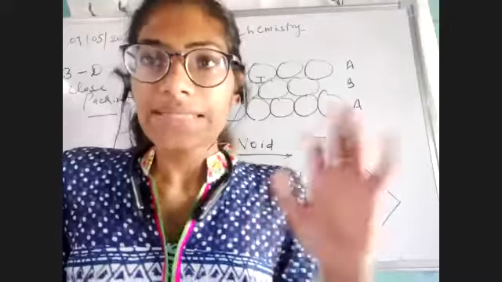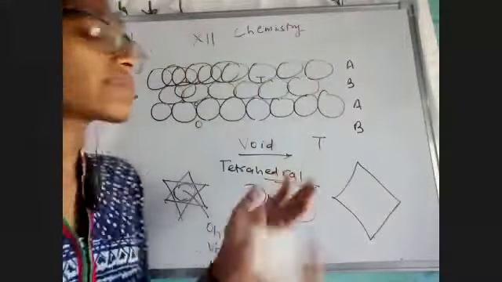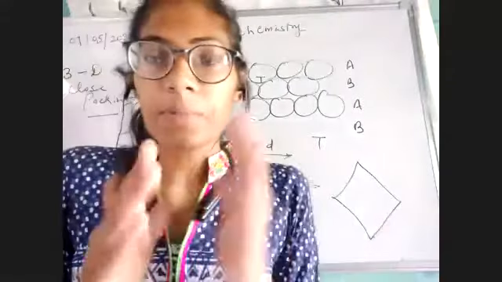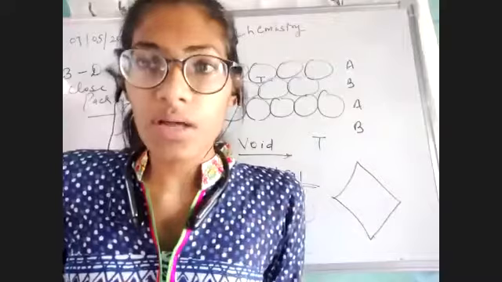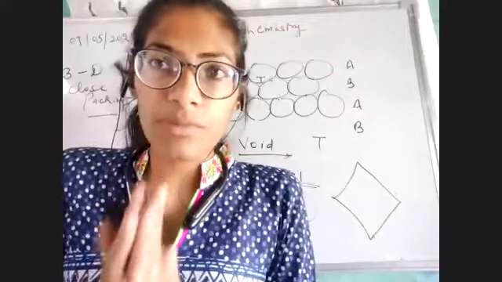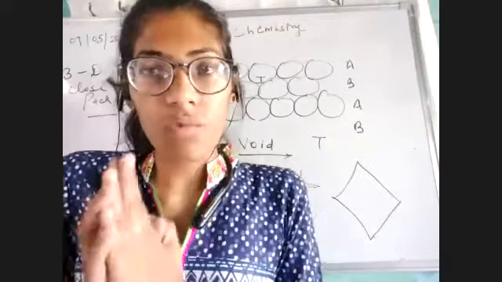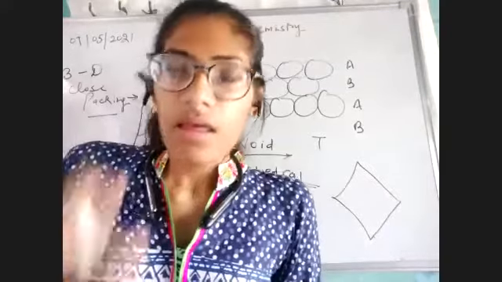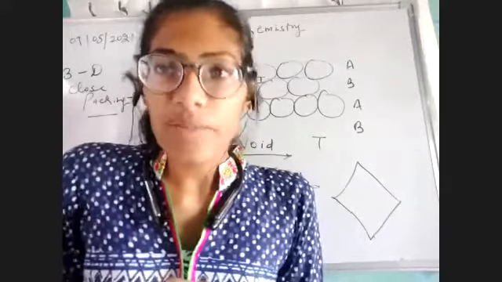It is a little difficult to express diagrammatically, but please tally this with your book and come to the point of what octahedral and tetrahedral voids are. After that, I'm going to move to our next topic, the numerical formulas.